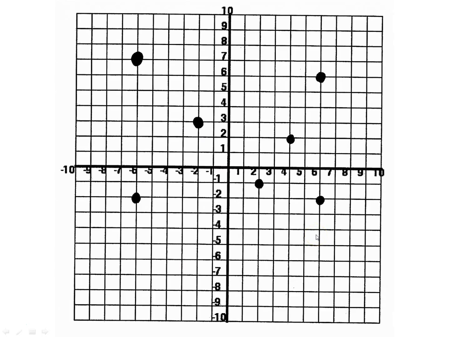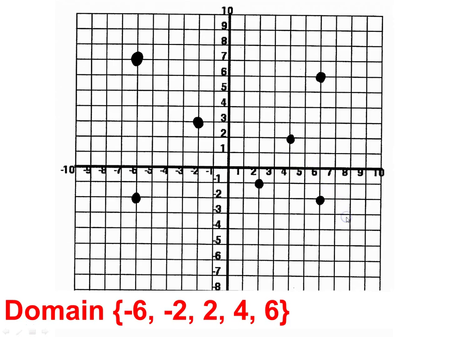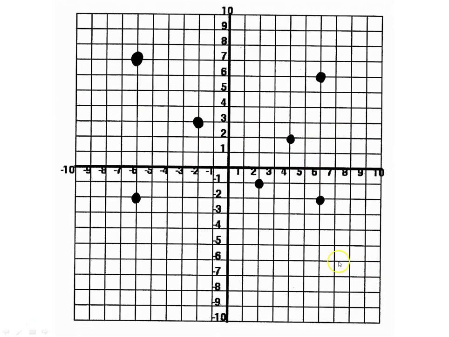All right, let's decide what domain is. Well, domain, see there's points right here at -6, -2, 2, 4, and 6. So my domain is -6, -2, 2, 4, and 6. Right, range is the other way, right? Okay.